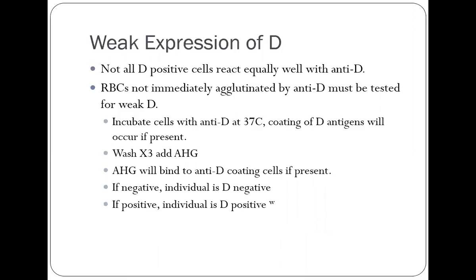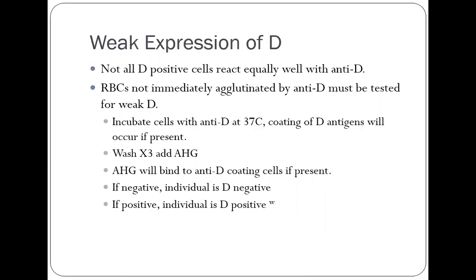With these weaker expressions, we have to allow for more time. We have to allow for those two processes, the sensitization process of agglutination and the lattice formation of the agglutination, to have an effect with each other. So what we actually wind up doing is called the indirect antiglobulin phase. We incubate the patient's red cells with the anti-D reagent, and we incubate this at 37 degrees Celsius.